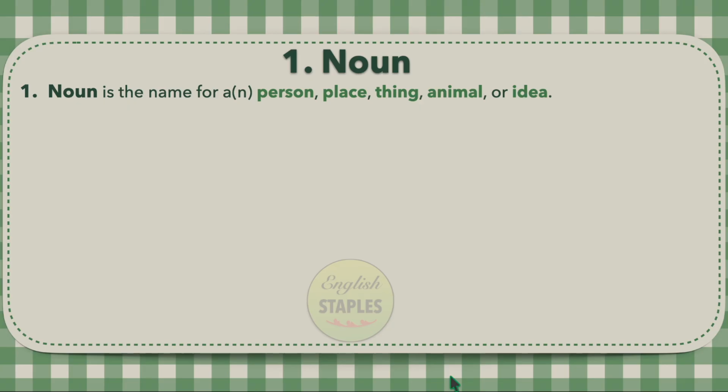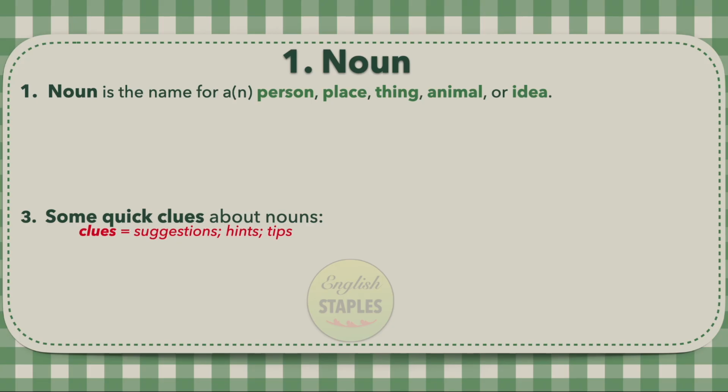Noun is the name for a person, a place, a thing, an animal, or an idea. Some quick clues about noun. When we say clues, what do we mean? We mean suggestions, or hints, or tips, or ideas.